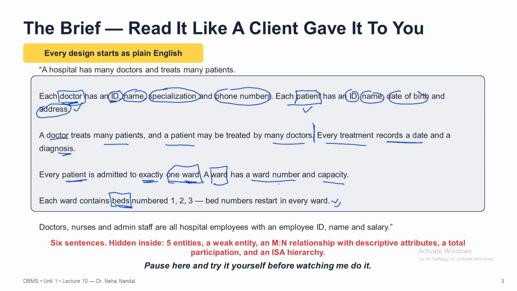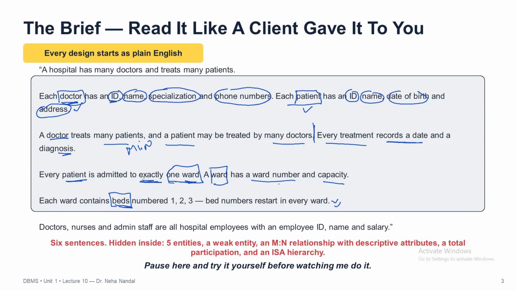So what will be our fifth entity? Here we have discussed four entities right now. What will be the fifth entity? Think of it. I'll show you, just pause the video. Then we have seen there is an M to N relationship here from this sentence.